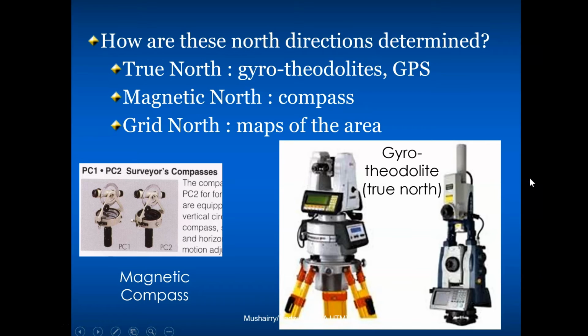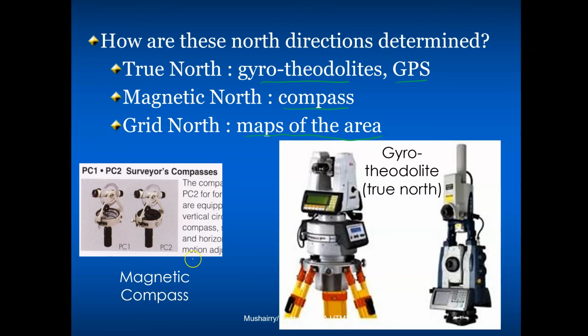So how do we go about determining this direction, the north? True north, using a gyrotheodolite or GPS. Wherever you read from your GPS, it shows you north. That's the true north, the actual north. Magnetic north, using a compass, and grid north, using the map of the area.